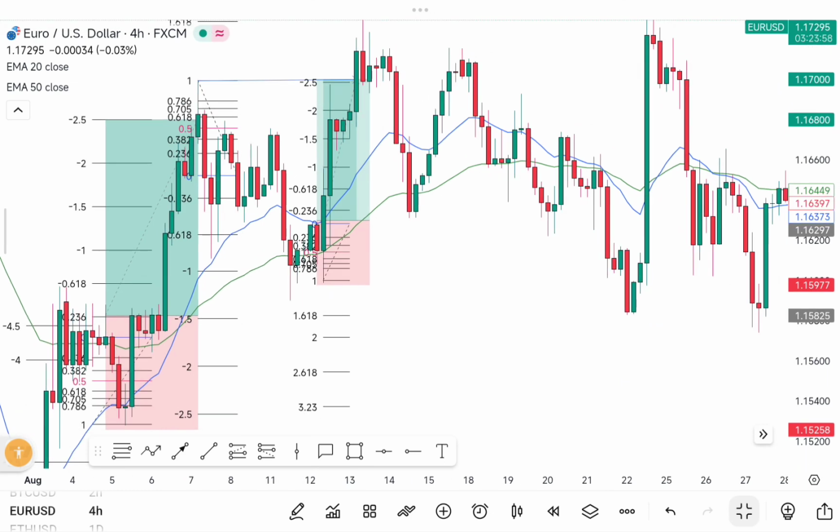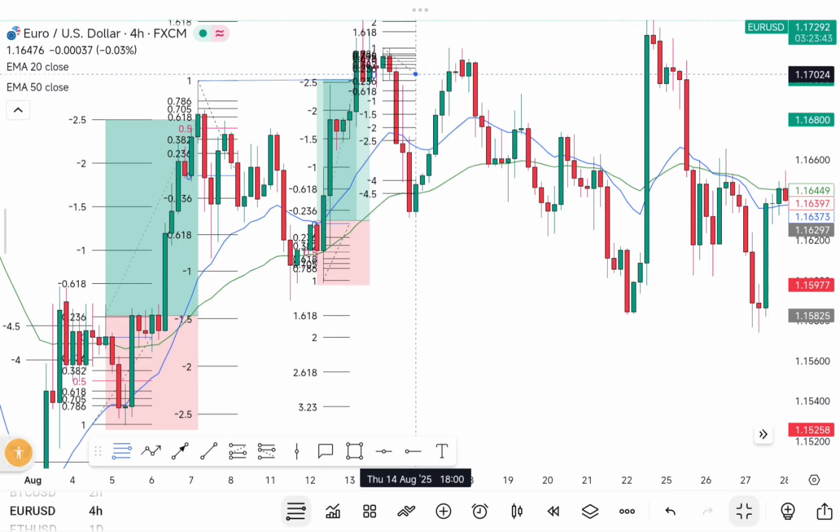There you see. So we look at this sequence and we continue our projection as the price goes. You can see again.